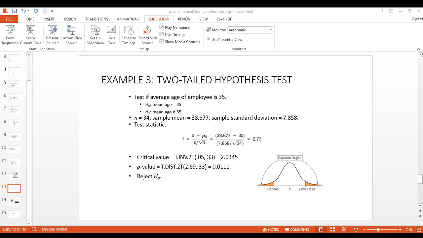How do I get it? Let's say t distribution 2t. It will ask you as mean 2.69, and then degree of freedom 33.